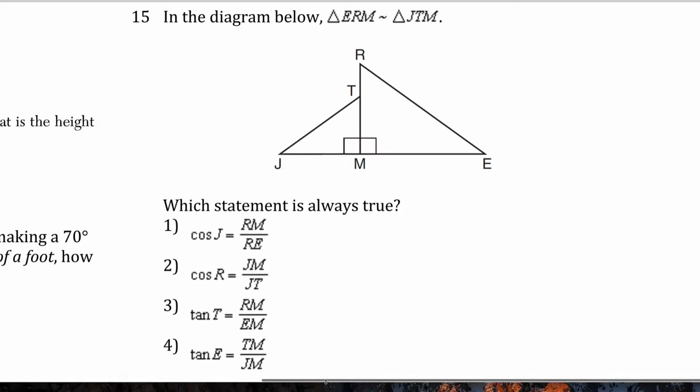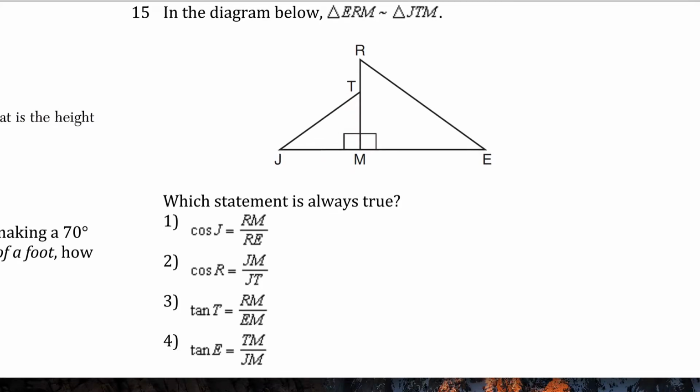Okay, fine. Number 15 in the diagram below. This one I found hard. I don't know why, it was gassing me out. What they want you to realize is that since these triangles are similar, E is the same as J, R is the same as T, and M is the same as M. So when they say cosine J, what they really mean is cosine E, right? Opposite R, so we know adjacent, EM, that's not right.